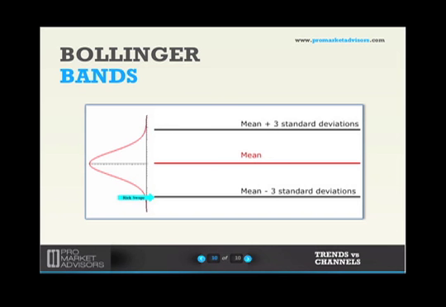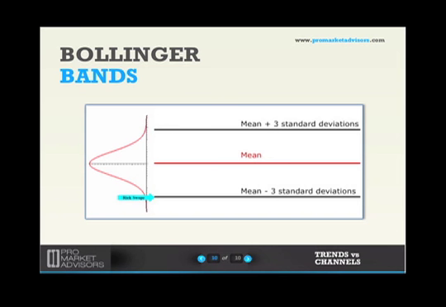Here's why. If we draw those lines on there, we would say, as a rule, that we would expect about 95% of the closing prices should fall within those 2 lines. So the vast majority of the closing prices ought to be inside those lines.